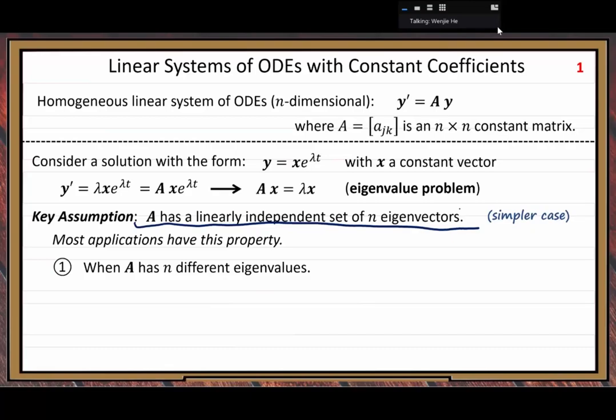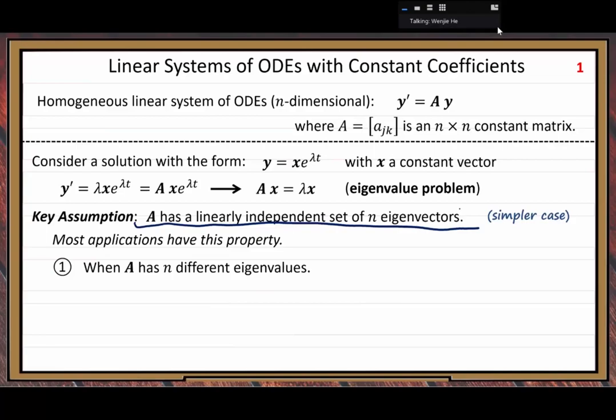All right. Now here there are some simple types of matrices that have this property. The first type, where A has n different eigenvalues, the simplest case. When you calculate the characteristic equation, when you calculate the roots, there are n different roots. We call them simple roots. So your characteristic equation has n simple roots.